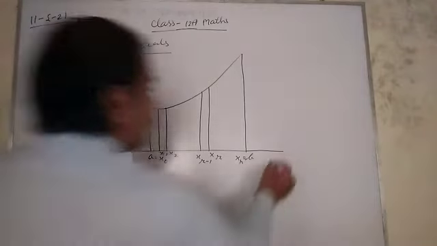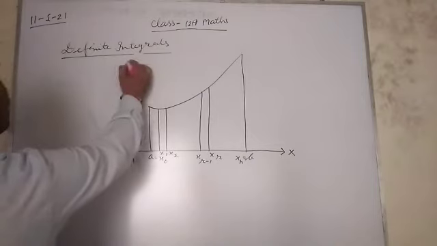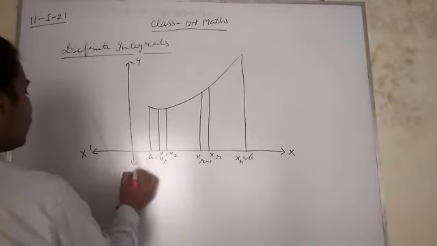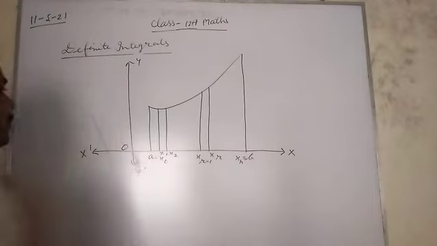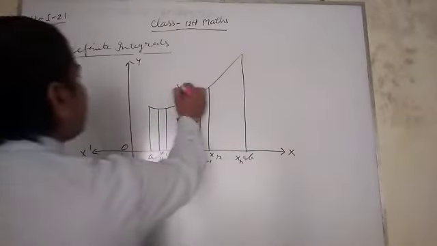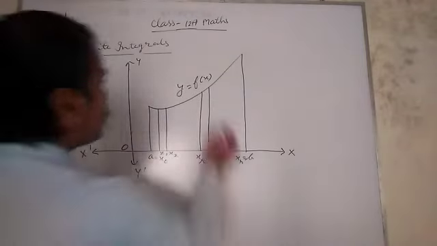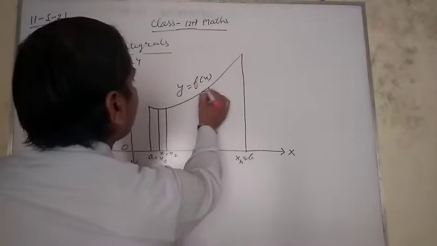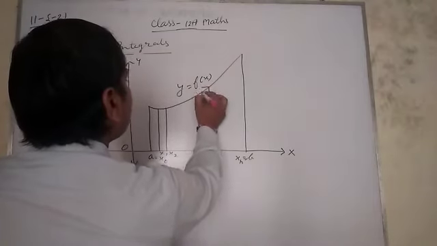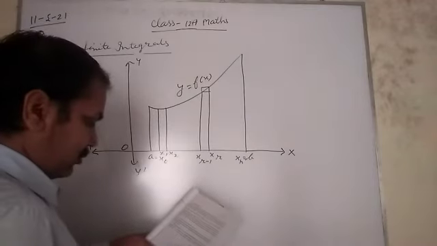This is the x axis and y axis, and this is the origin, and this is the function, suppose y is equal to f(x). Draw perpendiculars from here and extend them.